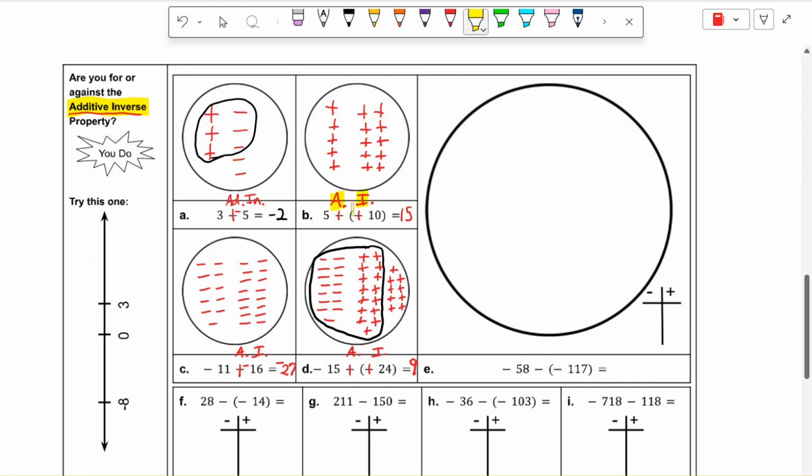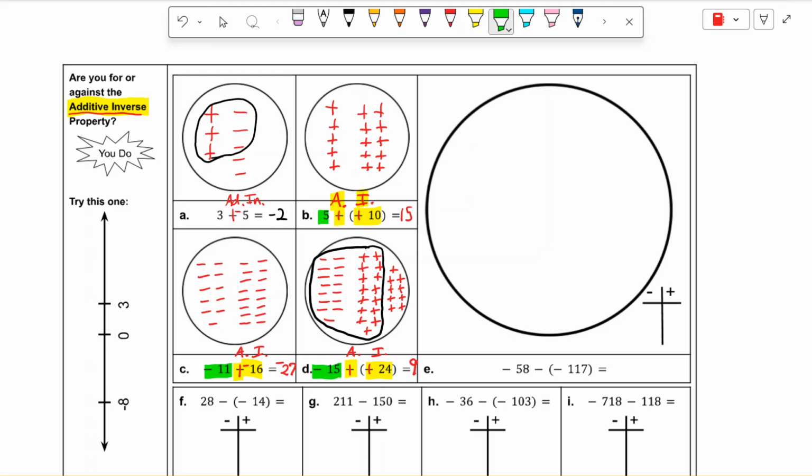Did additive inverse, change the subtraction sign to addition, do the opposite of the number that's after it. Addition sign, opposite. Addition sign, opposite. And what did you see? I never touched the front number. Those are never touched.